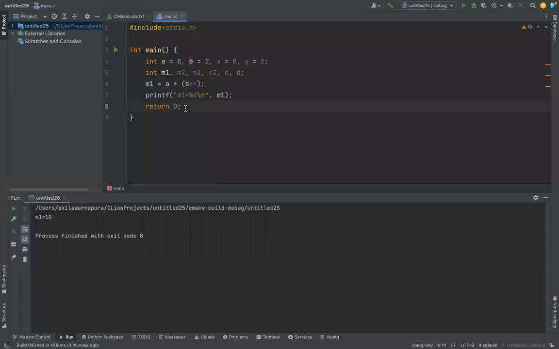Remember that when you are providing a value to any integer or variable, let's say int x equal 3, you can provide +3 or -3 likewise.